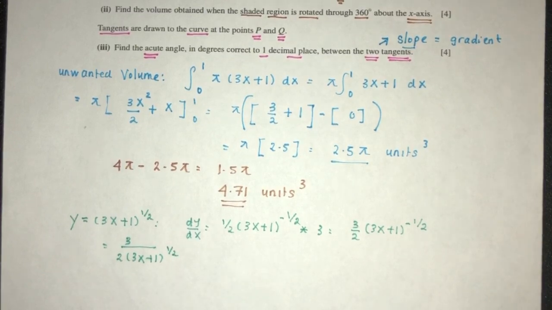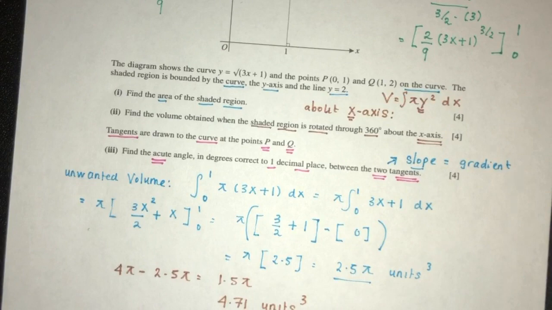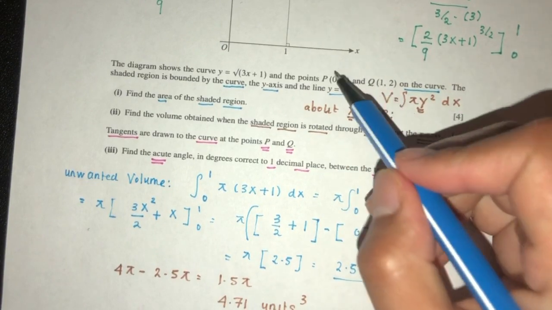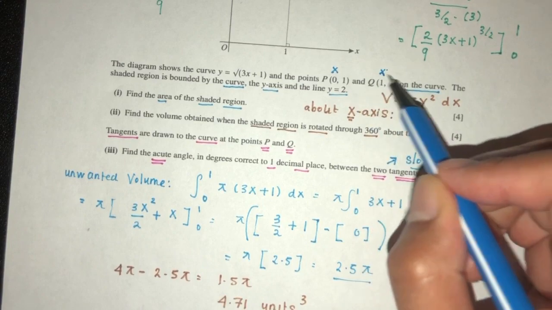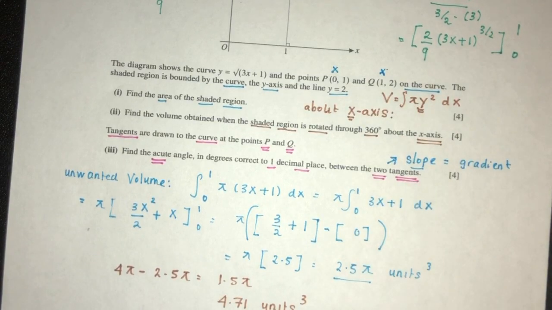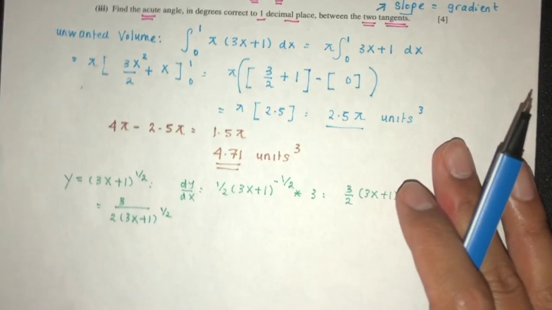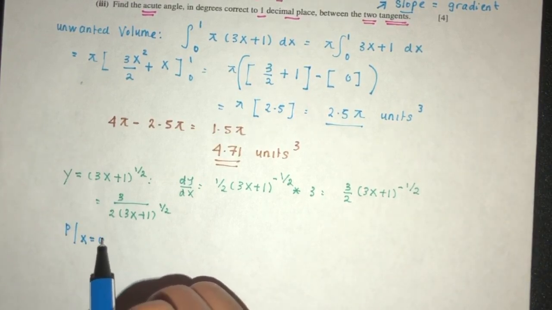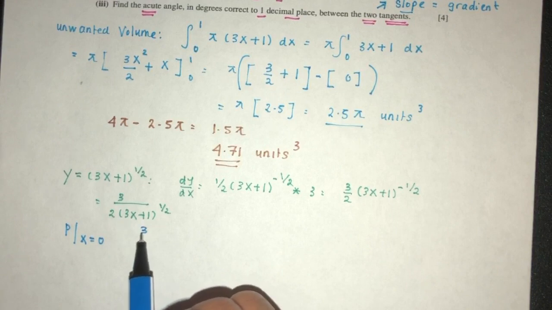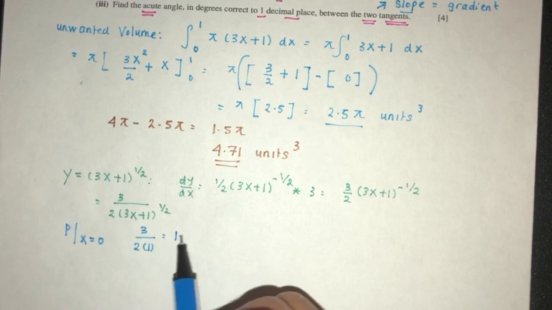Now, we want to find the slope of the tangent at the points P and Q. We have to use the x value. So at the point P, we know the x value is given to you by 0. Replace back in here, you will have 3 over 2 times 1, that will be 1.5.